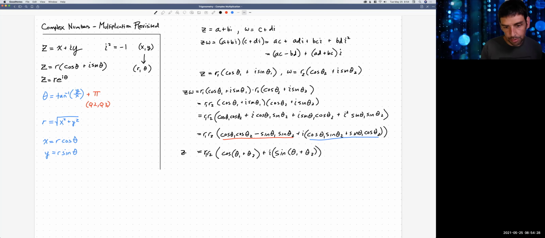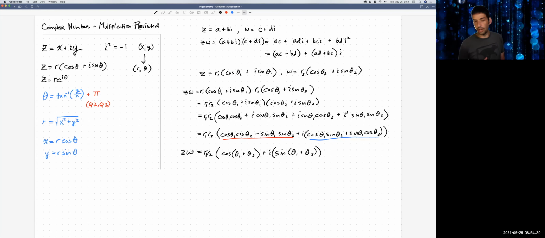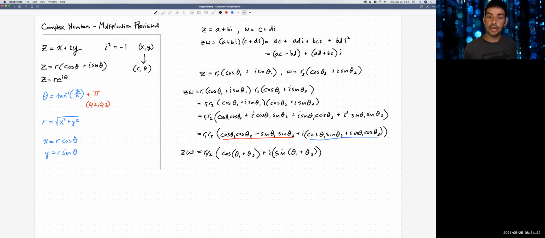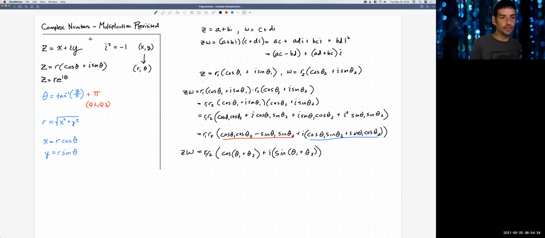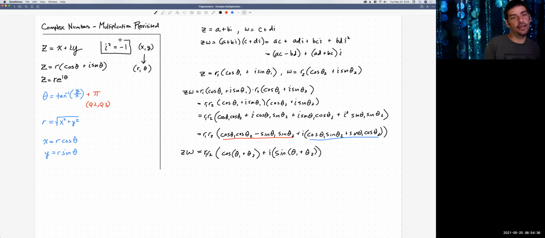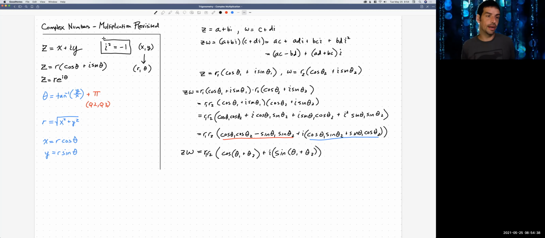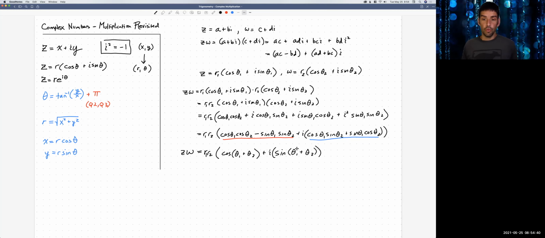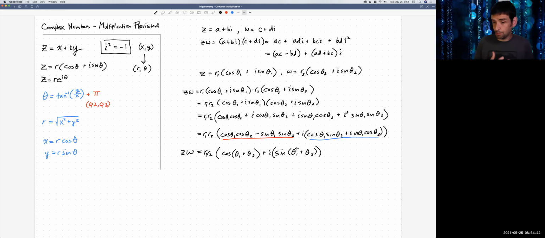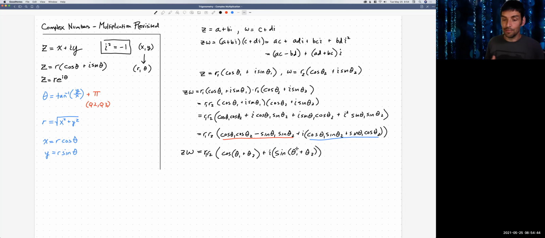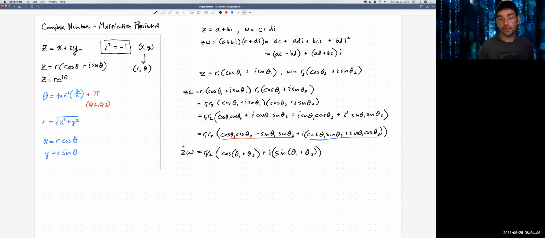Right. So when we multiply, this is I think quite astounding, right? That with this little notion that I squared equals -1 and writing this way, when we multiply these polar forms together, something very, very interesting happens.